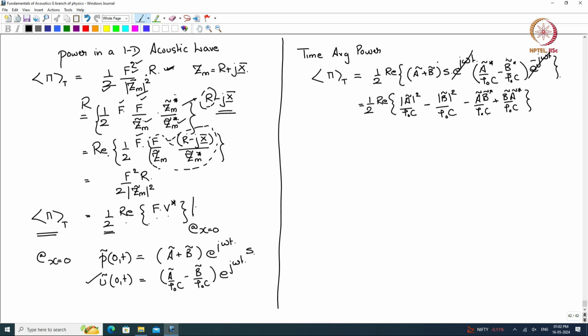Okay, so this is a conjugate of the other with a minus.